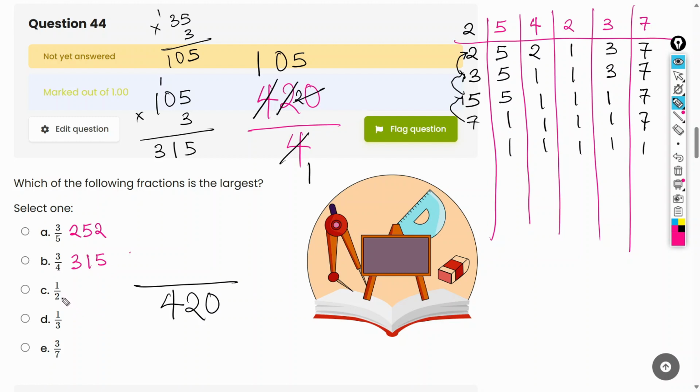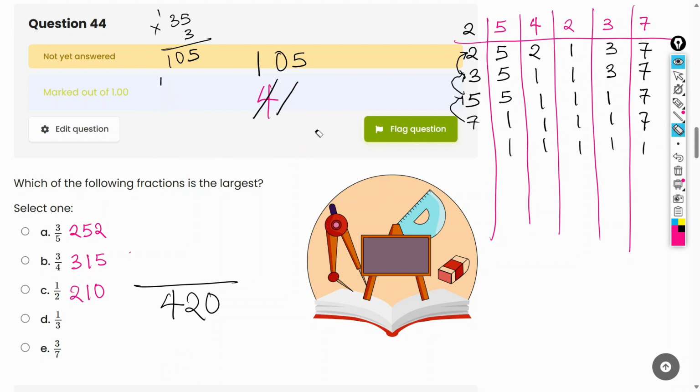The next is half. So we simply divide 420 by 2. 2 into 4 is 2. 2 into 2 is 1. 2 into 0 is 0. 210. We multiply 210 by 1. That's 210. The next is 1 out of 3.